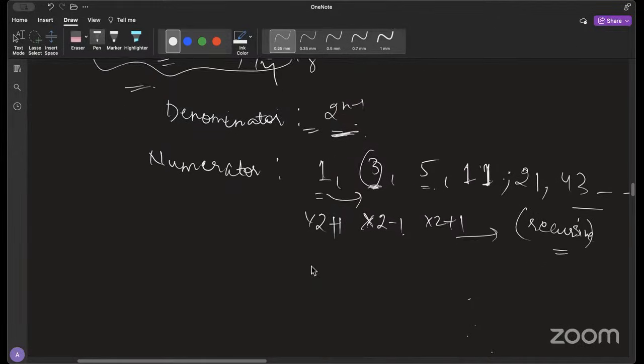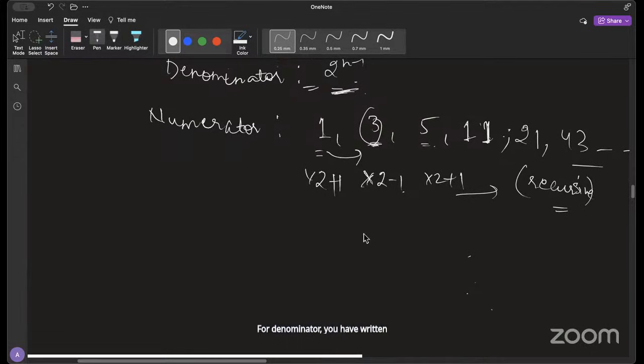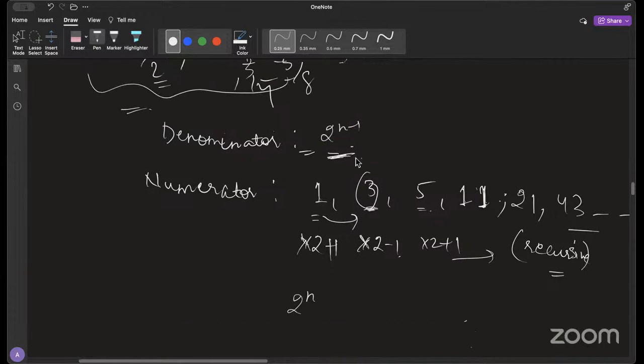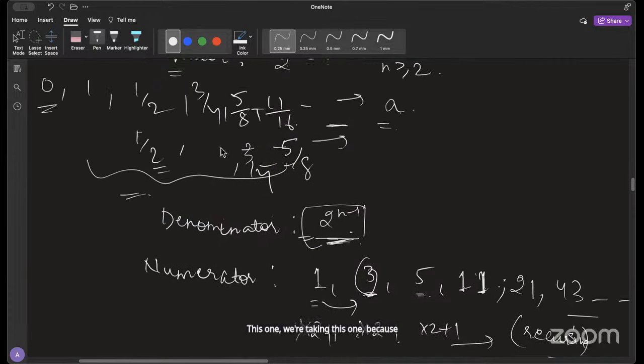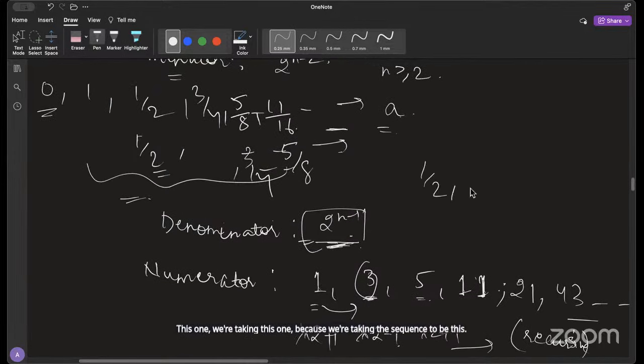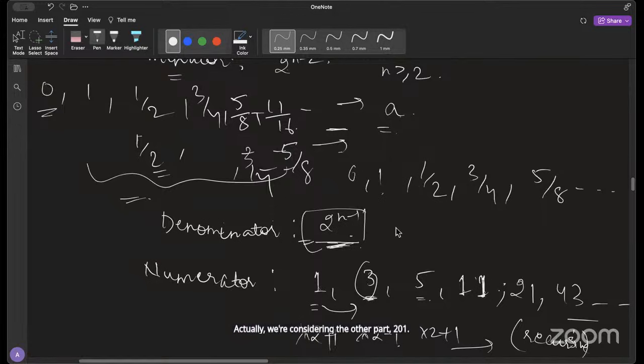Ma'am, for the denominator, you have written two general forms, 2 raised to the power n minus 1 and n minus 2. Which one is correct? We're taking this one because we're taking the sequence to be half, 3 by 4, and then 5 by 8. Actually, we're considering the other part too, 0, 1.